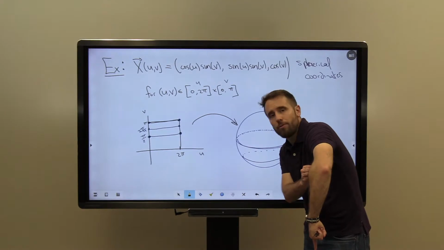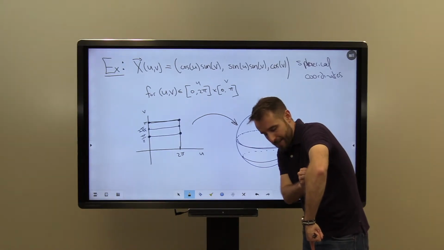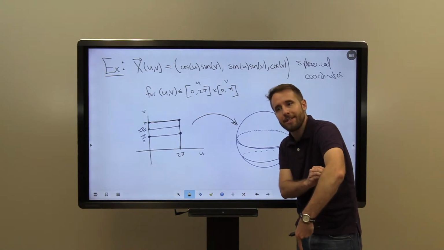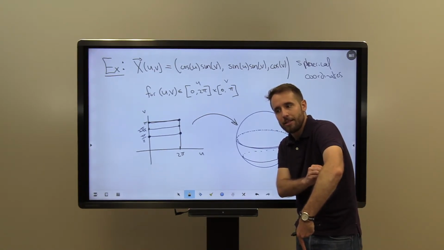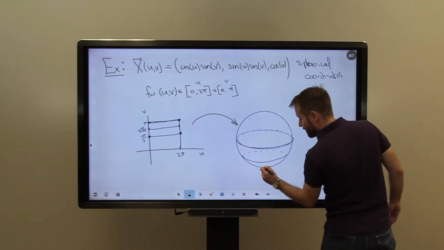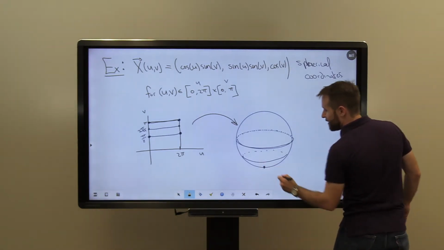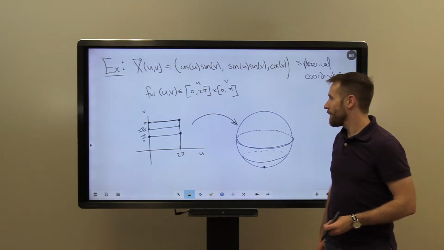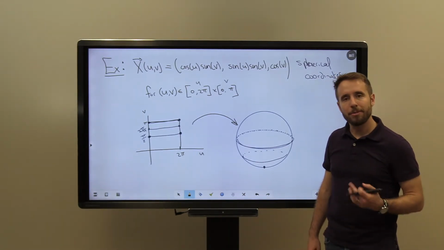And so as my u ranges from 0 to 2 pi, that doesn't move, right? That point doesn't change. That's still pointed at the South Pole. And so this curve gets mapped to just a single point down here, just that South Pole point right there. And that's kind of problematic.